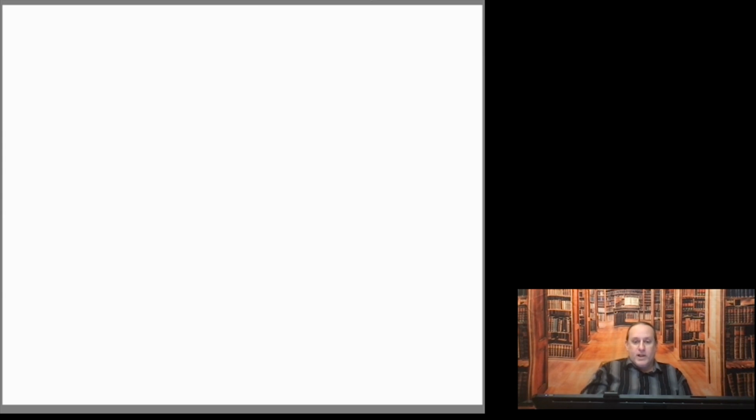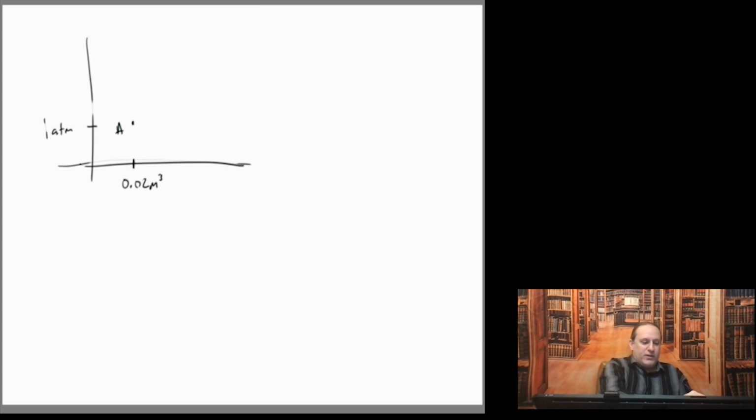Okay, so let's try a problem. Suppose we have a cycle that starts at a point A with a volume of 0.02 meters cubed at 1 atmosphere, and let's just stick with 300 Kelvin for the starting temperature.